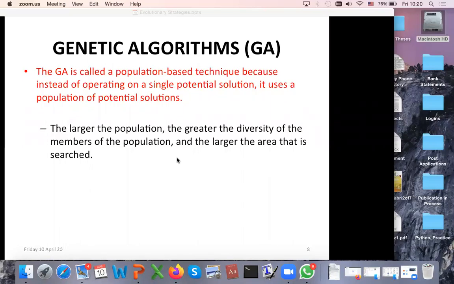So you have all kinds of people in your population. When you have a large population, there is a probability that you have all these kinds of members, parents in your population. And this is called diversity of the population.